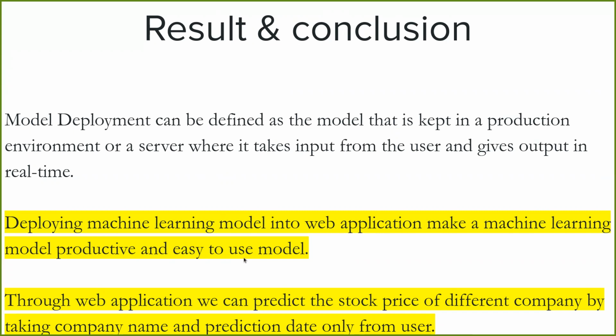We can keep this as a product for any of our clients. Through the web application, we can predict the stock price of different companies by taking only the company name and prediction date from the user, and it will predict that stock price in real time.